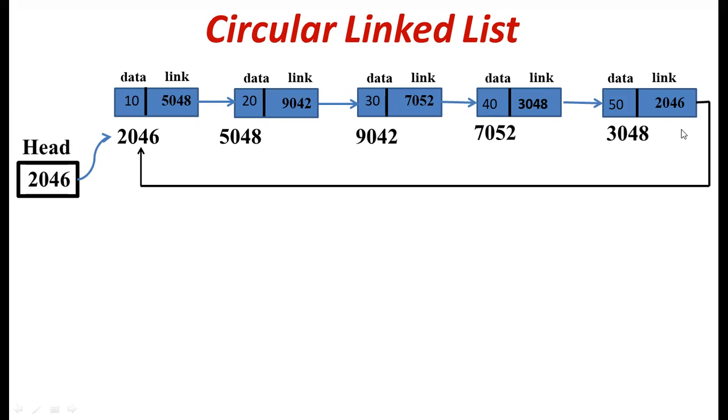We just need to stop where the first visited node is visited again. Suppose I am starting at node 3, so the first visited node is at address 9042. So this will be my first node, second node, third node, fourth node, fifth node. When I visit the first visited node 9042 again, I have to stop there.